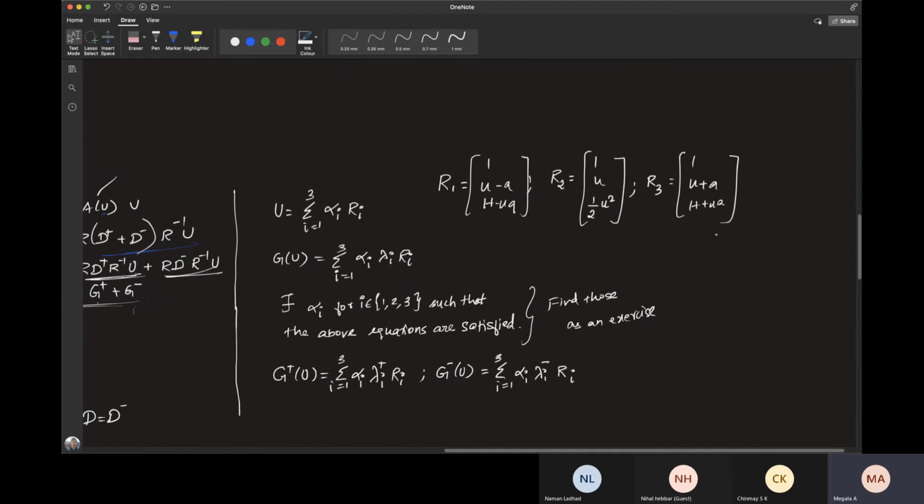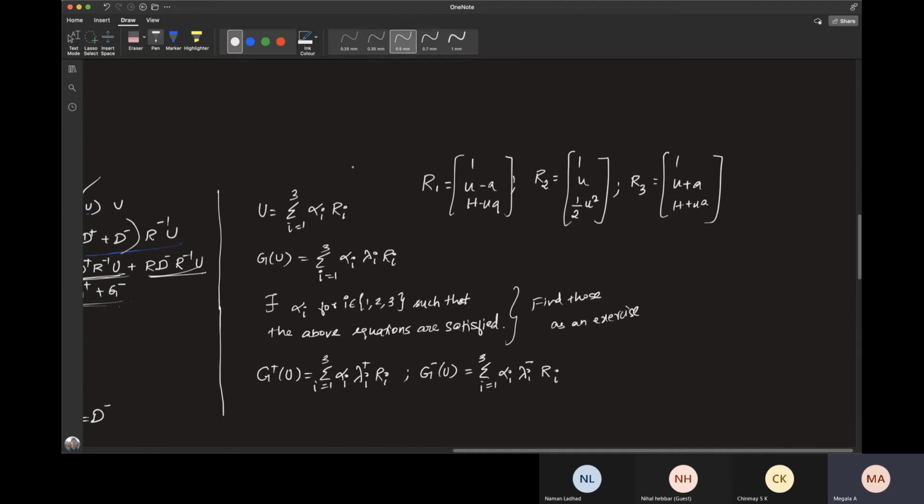On the other hand, we have a simple way to do it, which is, U can be written as some summation. Consider these two equations. U as sum of alpha I into Ri, where Ri are these eigenvectors, R1, R2 and R3, and alpha I are some variables.